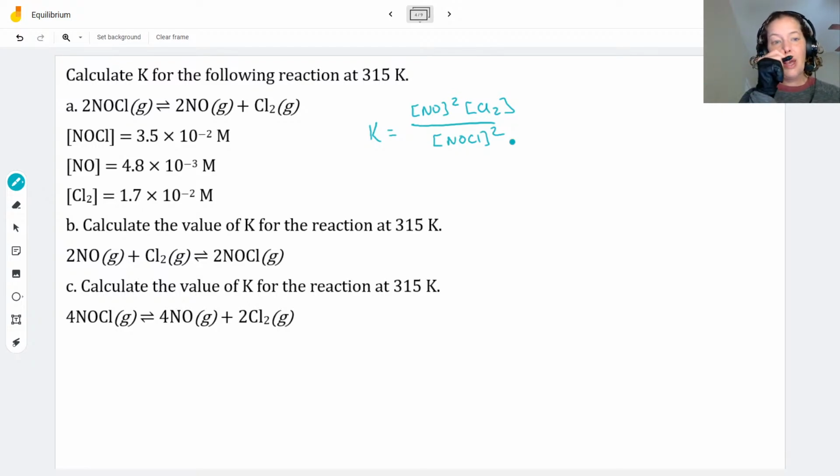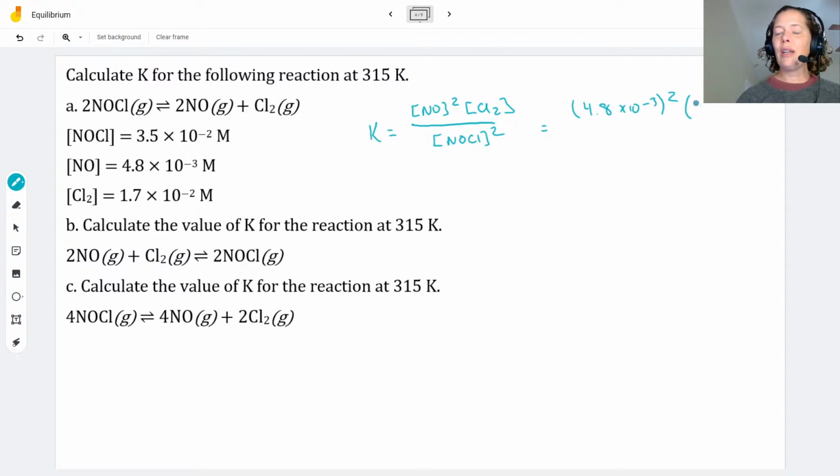of solution. Okay, the nice thing is for this one, it's a fairly simple one because I have values for all of these concentrations. So I am simply going to plug the value into K that the problem gave me. So this is equal to, my nitrogen monoxide is right here. So this is 4.8 times 10 to the negative 3, and that is squared.